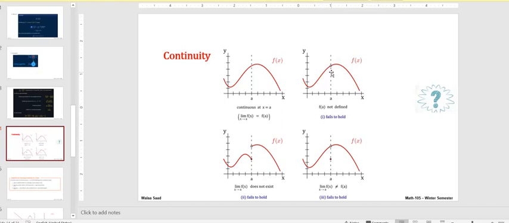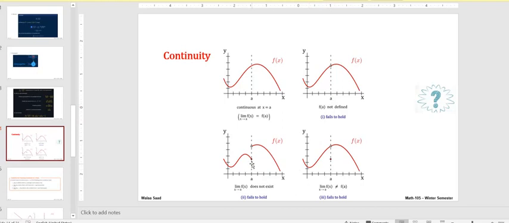But if you notice, if we try to evaluate the limit as x approaches from the right, it will be the same value as x approaching from the left. So the limit will exist with a certain value, but the function does not exist here. So f of a is not defined, while the limit exists.